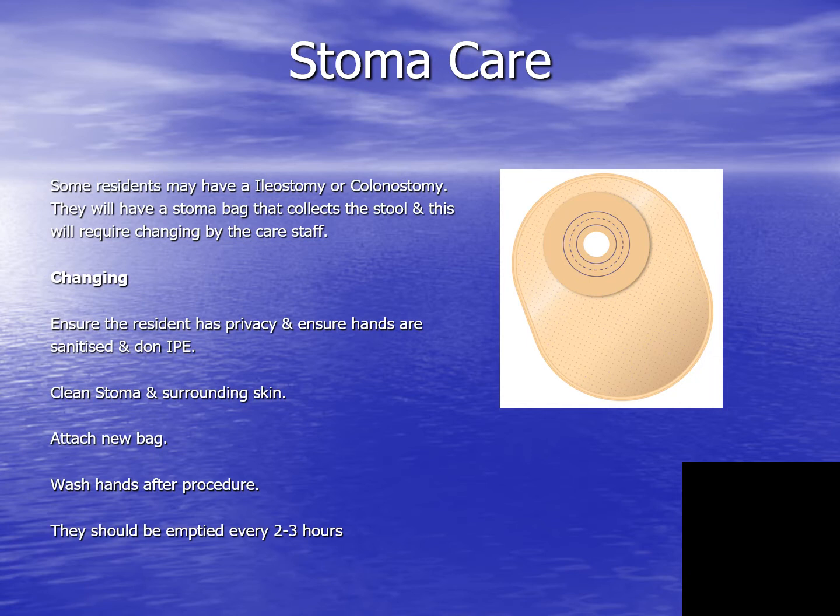Report any problems to the nurse. It should be emptied every 2 to 3 hours, and depending on the type, they may still pass stool via their anus. If they never have done before, obviously tell the nurse, but it could just be the type of surgical technique that they've had. You will practically be shown how to do this by other care assistants as well.